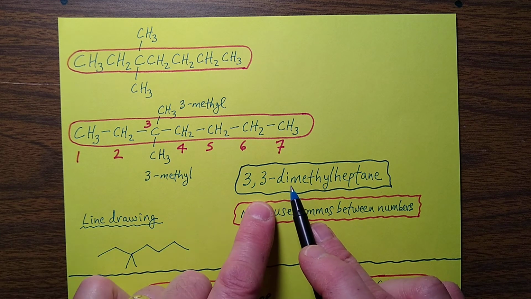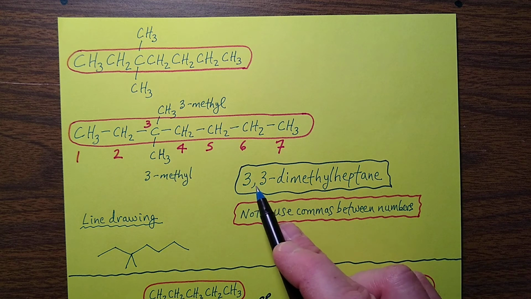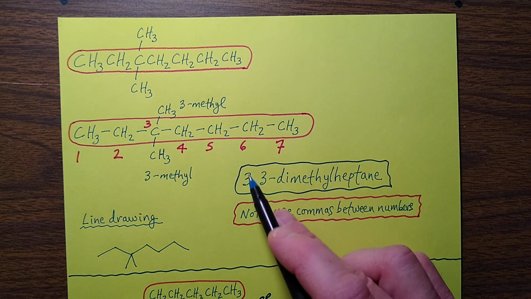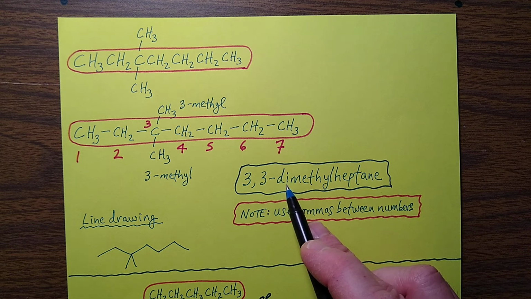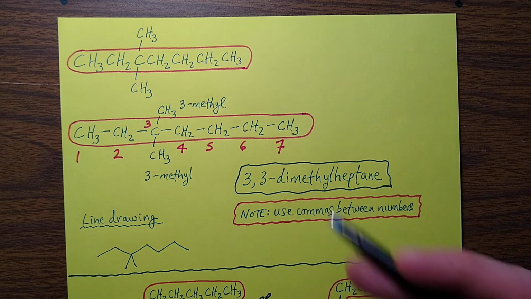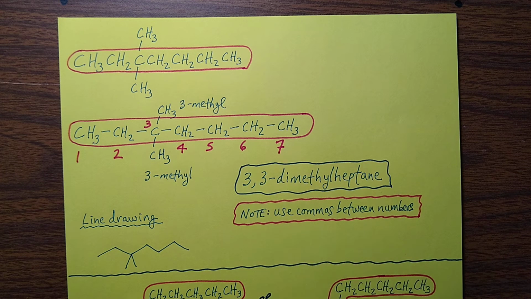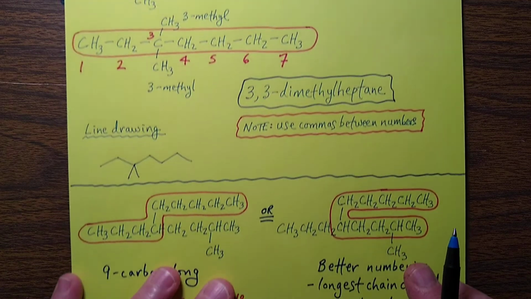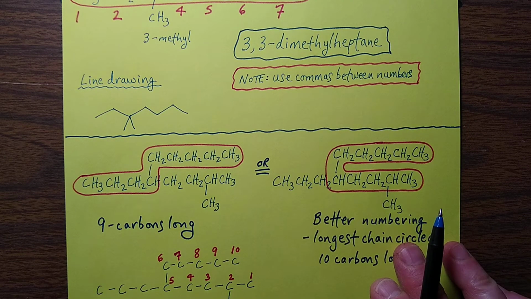So it seems redundant, but you have to do this. You not only give the number of each methyl, even though they're on the same carbon, 3,3-, you also put the word dimethylheptane. You wouldn't call it just 3,3-methylheptane. You indicate that there are 2 of them twice. So it seems a little redundant, as I said, but that's the way that they've decided to do it.